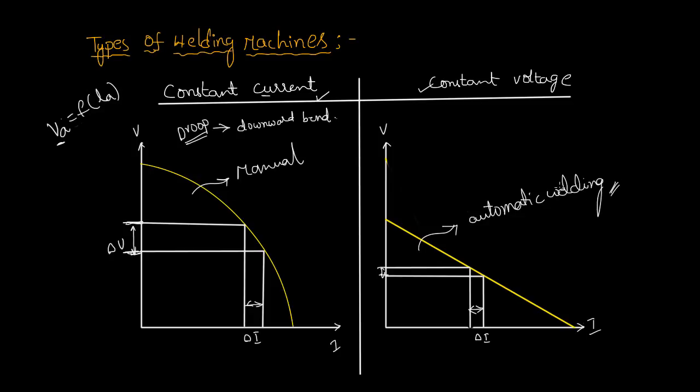Okay, and constant voltage type welding machines are highly accurate when compared to manual arc welding. So these are the two main welding machines that we have. We will discuss these things very clearly in the problem solving sessions.